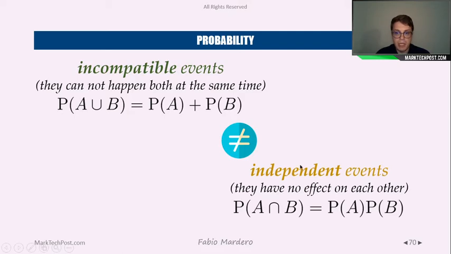In independent events, the two events have no effect on each other. Still, we can have independent events but compatible events. Two events happen at the same time, but they are not related to each other.